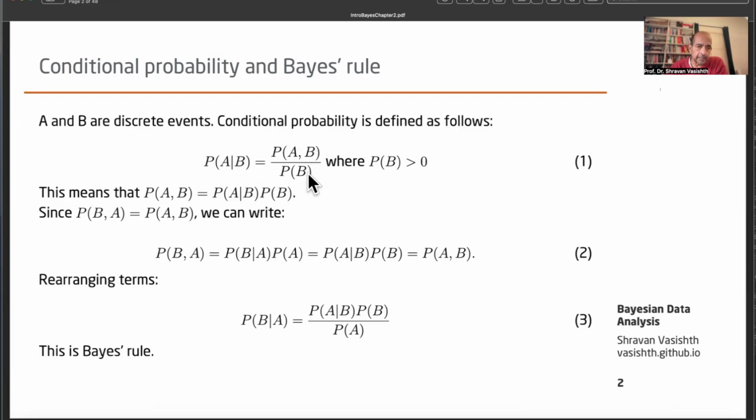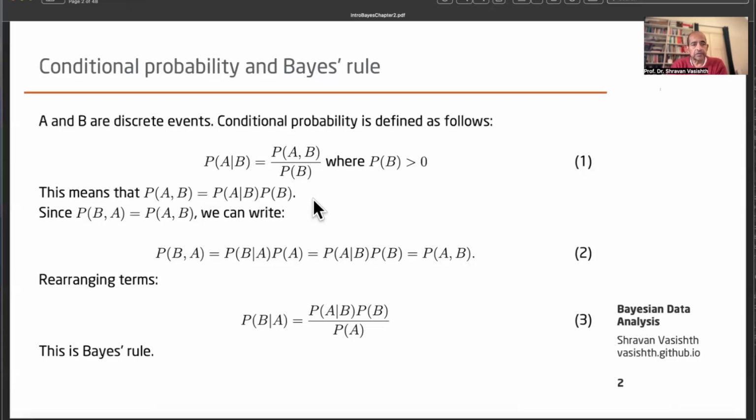So if we rearrange equation 1 such that we have the joint probability term on the left-hand side, then we end up with the statement that the joint probability of A and B is equal to the conditional probability of A given B multiplied by the probability of B. Now, one cool fact is that the joint probability of A and B is the same thing as the joint probability of B and A. So the order in which you write the two events is irrelevant, right?